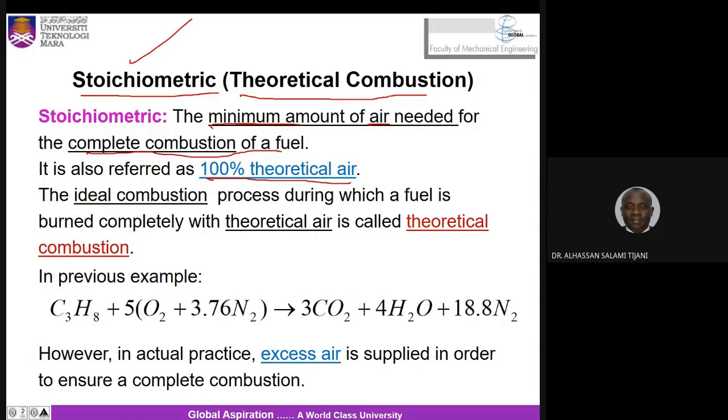Okay? So the ideal combustion process during which a fuel is burned completely with theoretical air is called theoretical combustion. All right? So now in the previous example, we had 1 kilomole of pentane plus 5 kilomole of air.